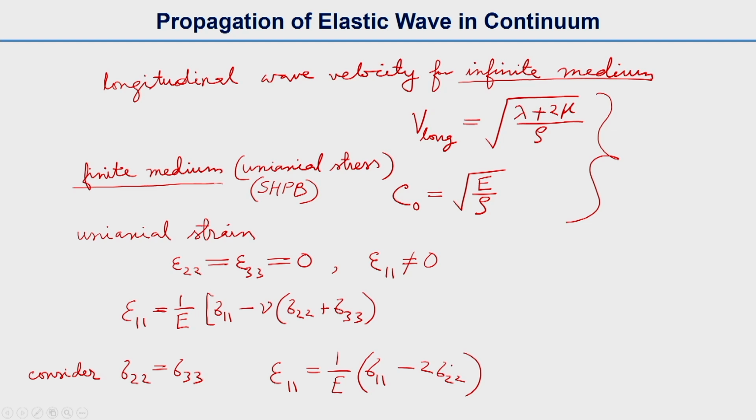2 times Poisson's ratio multiplied by sigma 22. We have removed sigma 33 and we are writing in terms of only sigma 11 and sigma 22.